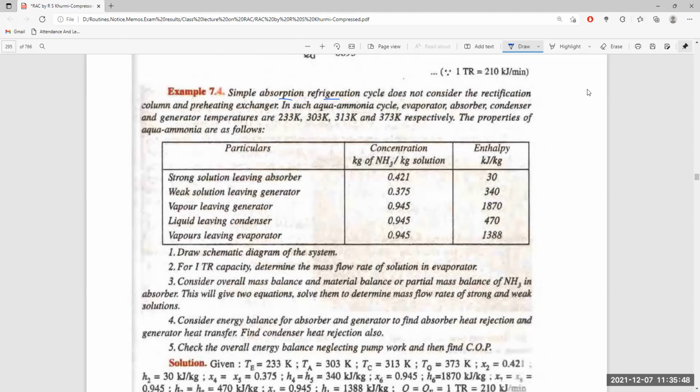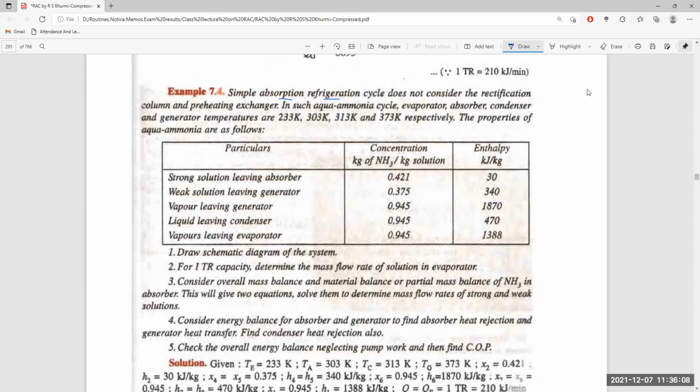Liquid leaving condenser, 0.945, is 470, and vapor leaving evaporator, 0.945, is 1334.